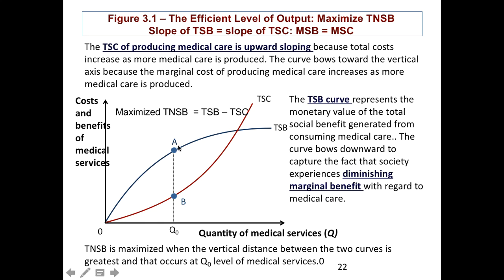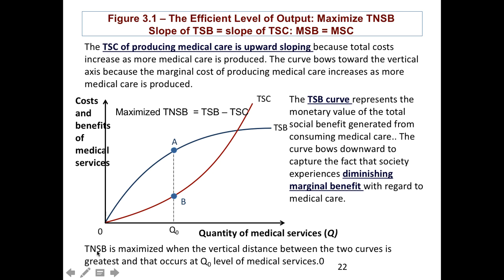Again, the slope of the total social benefit gives us the marginal social benefit. So you want to maximize this distance if we use the subtraction format.